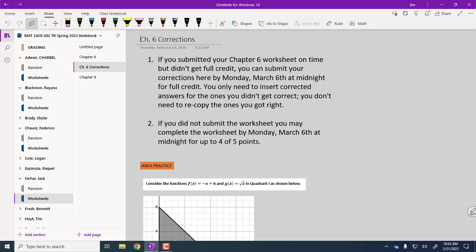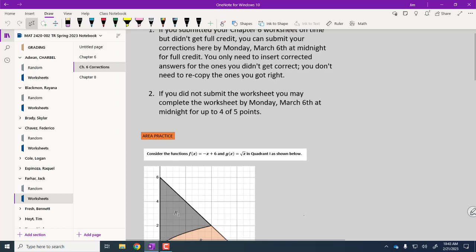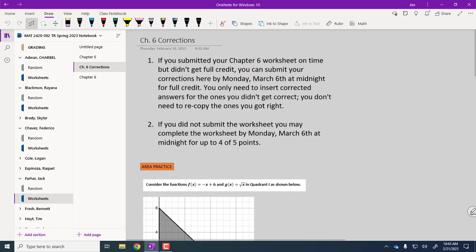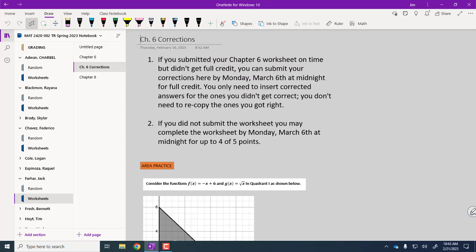So I just copied the worksheet again. I didn't want to just reopen this one because then it gets messy. What did you do before? What's new? But now then whatever is new is obvious. So you only have to insert answers for the ones you didn't get right. The ones you got right, you don't have to re-enter for those. So just the ones you didn't get right.